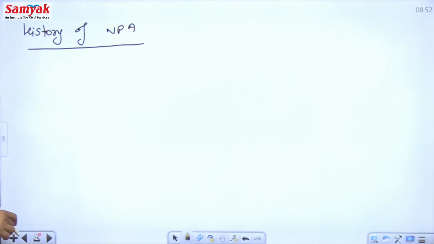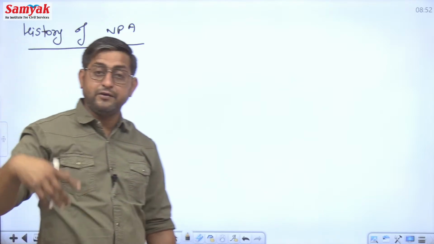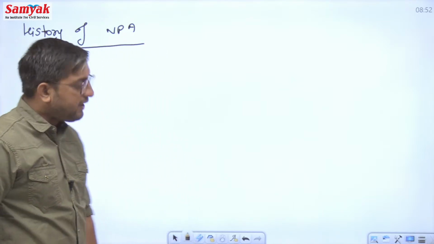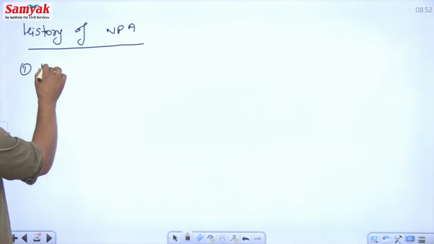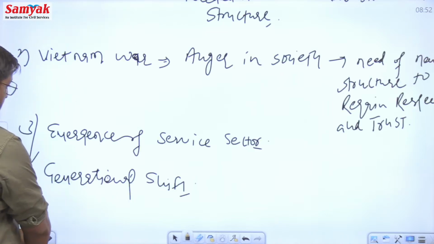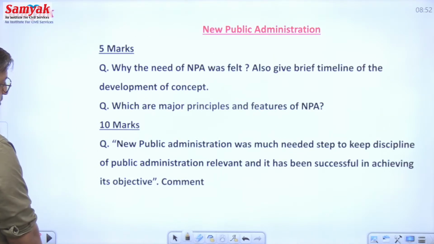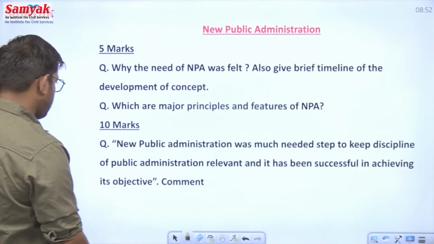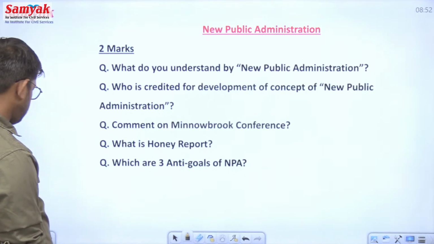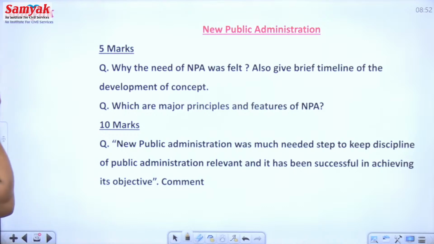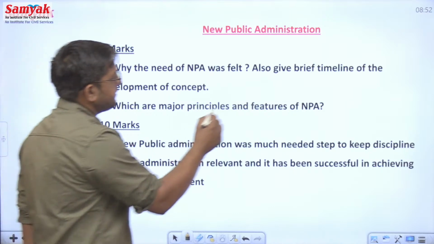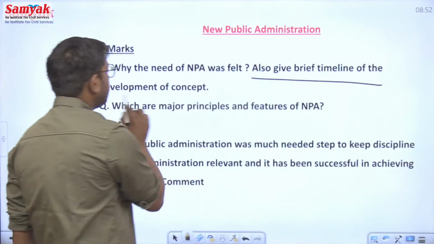Now comes the question, when there was question of history or evolution of the NPA, or we can call it the events which led to the emergence of the NPA. We have the Honey report. So we are tackling this question. This also gives the brief timeline of the development of the concept.